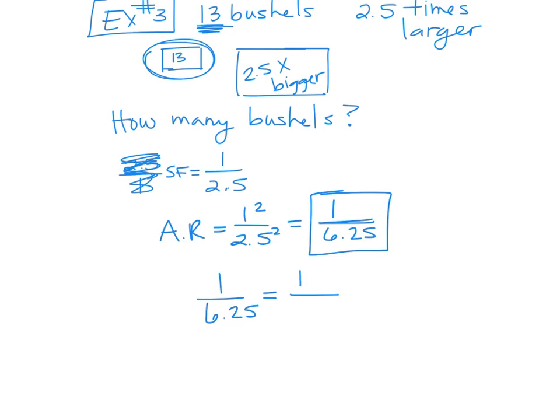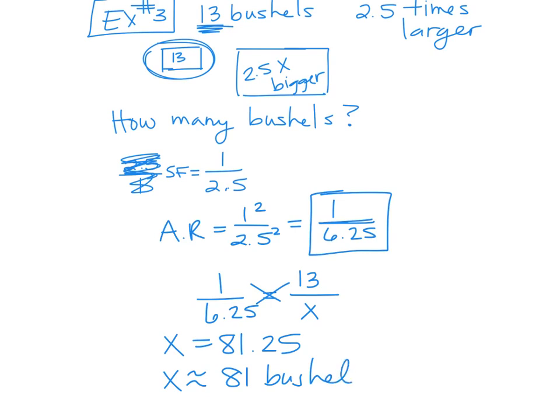So you put the 13 on top and figure out what your new one will be on bottom, okay? And then you just cross multiply. So 13 times 6.25 comes out to 81.25. So if we're harvesting bushels, you're going to harvest approximately 81 bushels the next year. You don't harvest a quarter of a bushel typically.